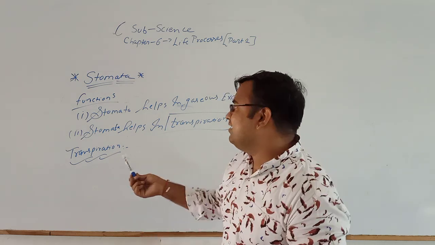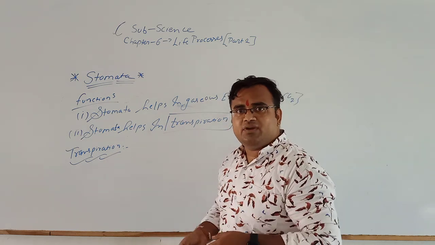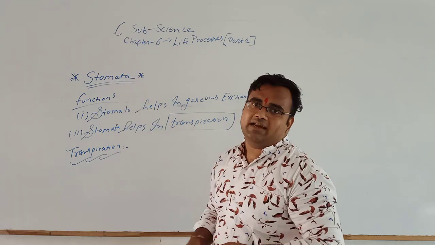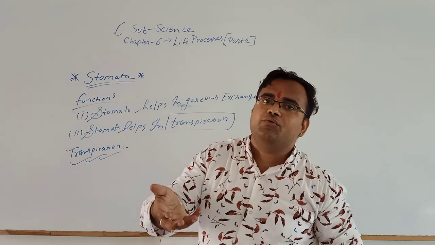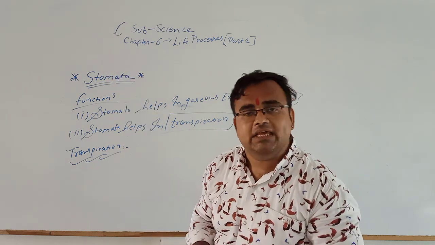This process is known as transpiration. And from where is the transpiration process carried out? From stomata, that is from the tiny holes of the leaves, the excess water in the form of vapor is released into the environment.